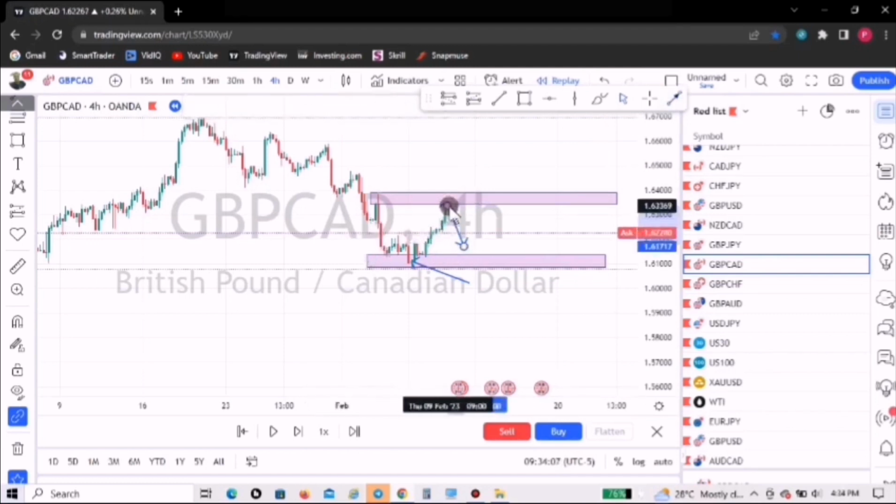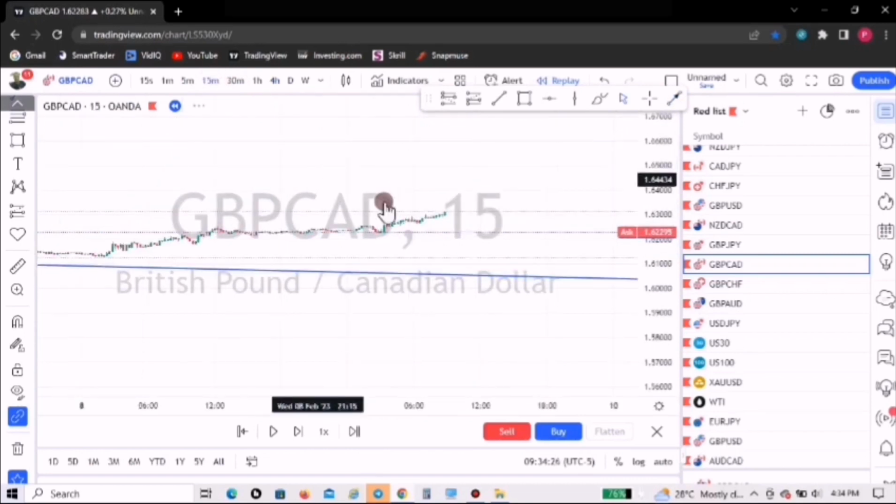So in this case, once you have identified your key levels on the bigger time frame, you then move to a smaller time frame so that you are able to catch this move. You then move to M15.